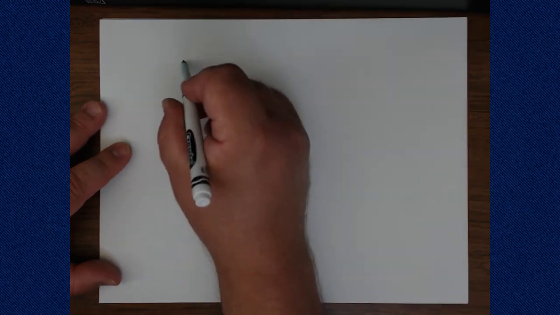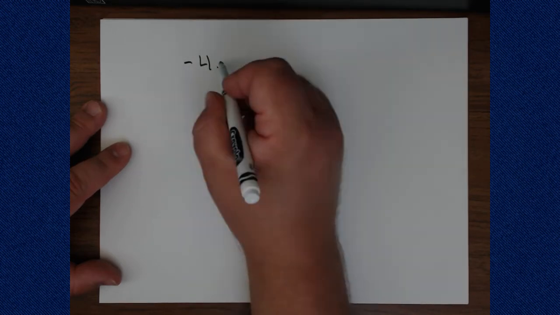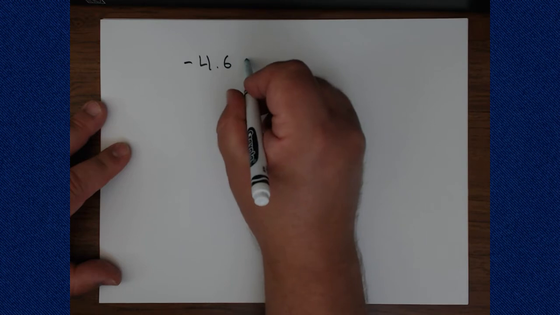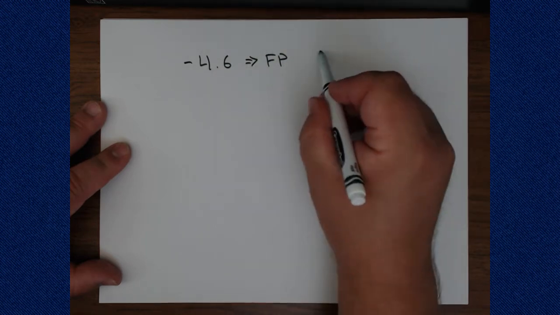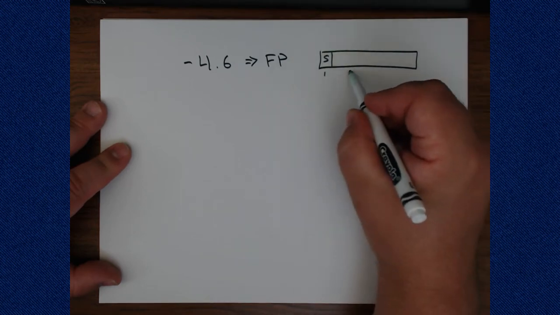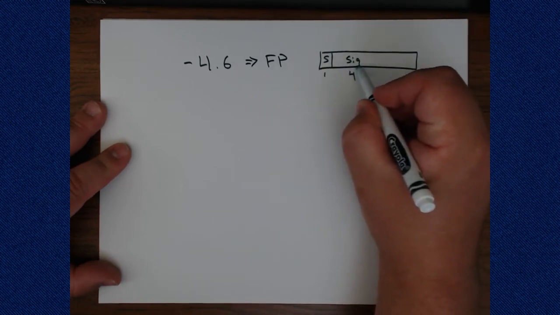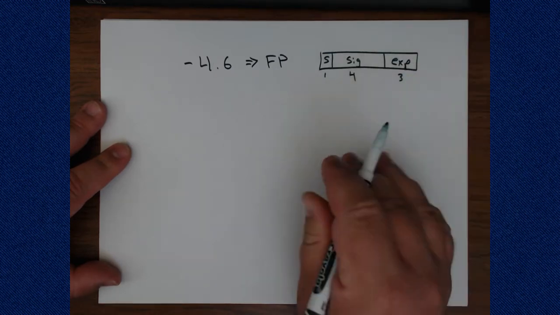Do negative, I guess. -4.6. So we want -4.6, and we want to convert this to our floating point representation, which I will remind you has 1 bit for sign, 4 bits for the significand, and 3 bits for the exponent.